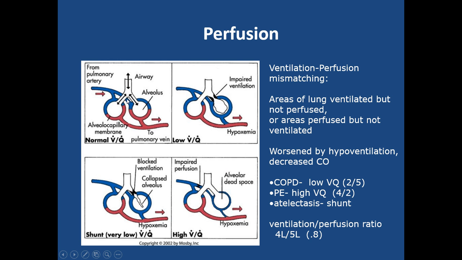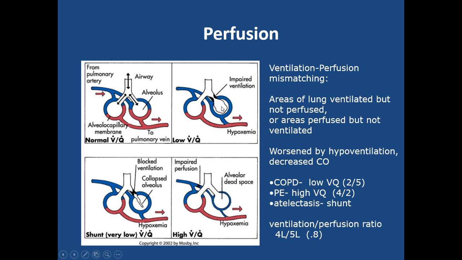So when we go to normal, as I said, V is ventilation, Q is for perfusion, and I'm not quite sure why it's Q, but it's a commonly accepted abbreviation for perfusion. So we look at VQ, and that means that ventilation is normal. So we have about 4 liters of air to 5 liters of blood. If there's a problem with air flow, we'll see a decrease in that 4 liters.